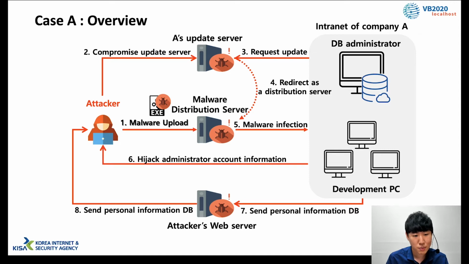The attacker uploaded the malware to the distribution servers first, and then, if specific IPs of company A requested an update, they were redirected to the malware distribution server. As a result, a total of 62 PCs were infected, and the attacker hijacked personal information of 35 million people in Korea.